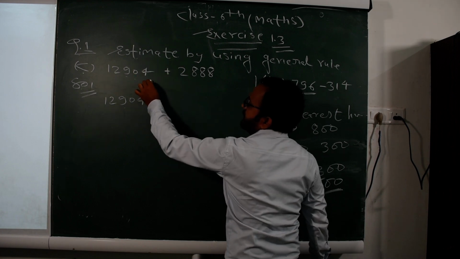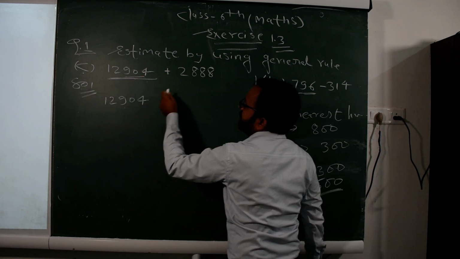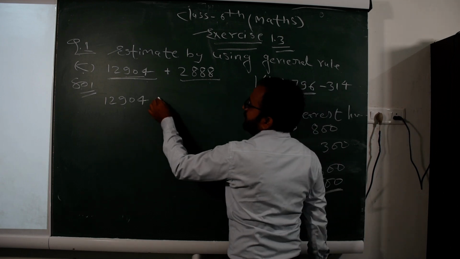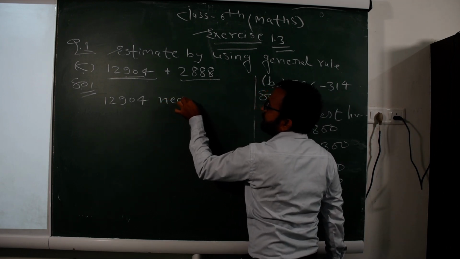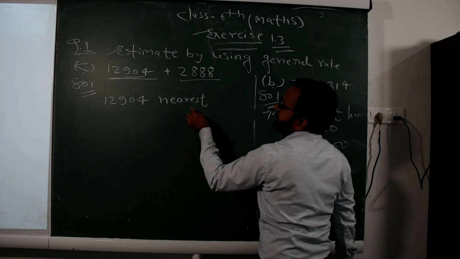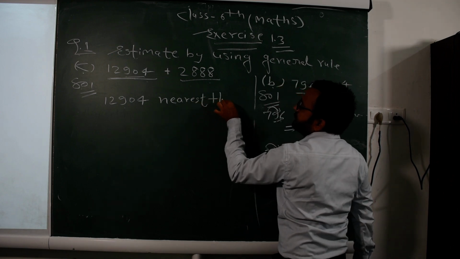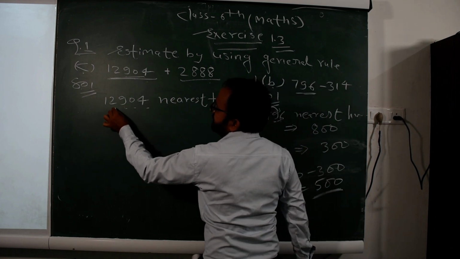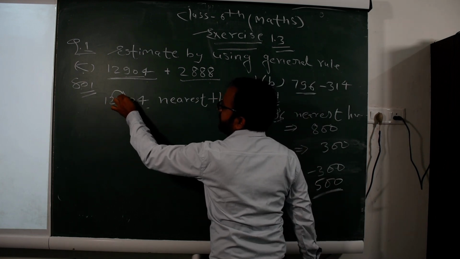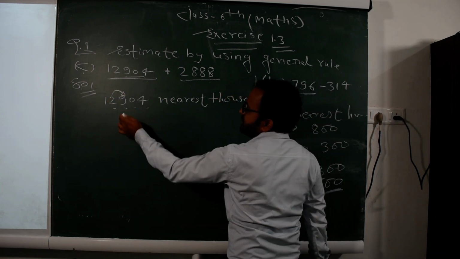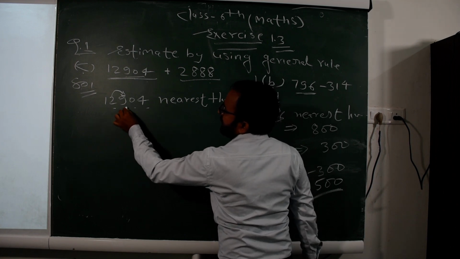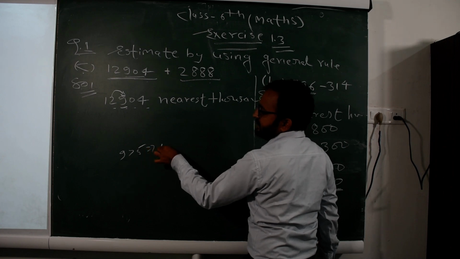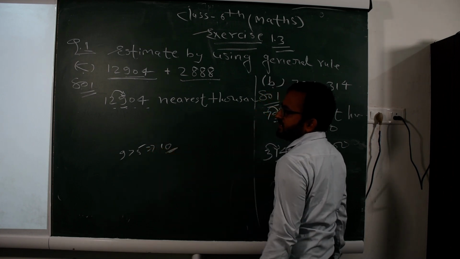First we estimate this value, and after that we estimate this value. Nearest thousand. So we change this value. That means 9 is greater than 5, so we consider it as 10. This is our concept.